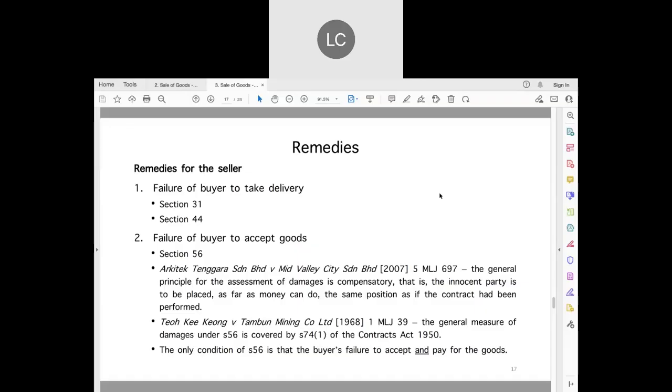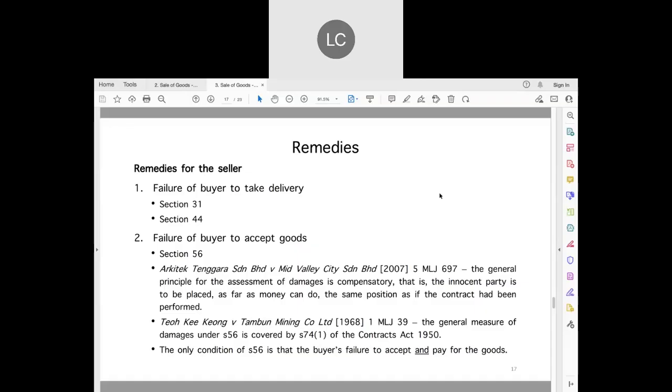As I said, the contract was for the sale of 100 tons of iron at 800 ringgit per ton. So the contract price between X and Y is 80,000 ringgit.